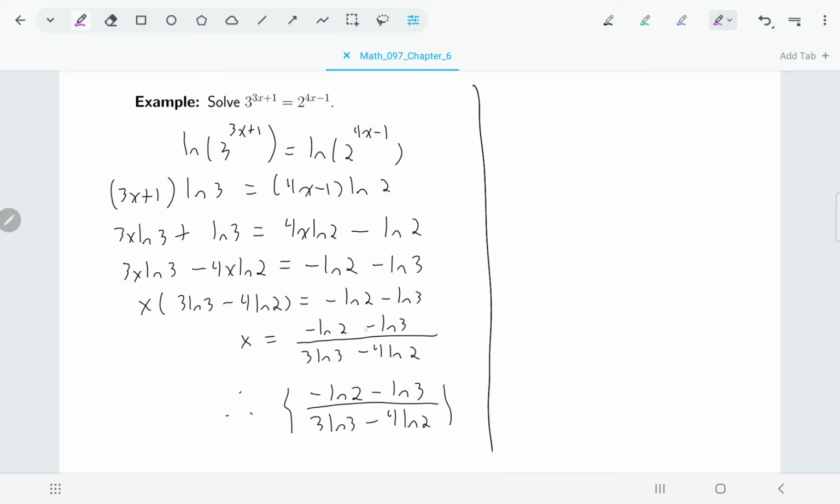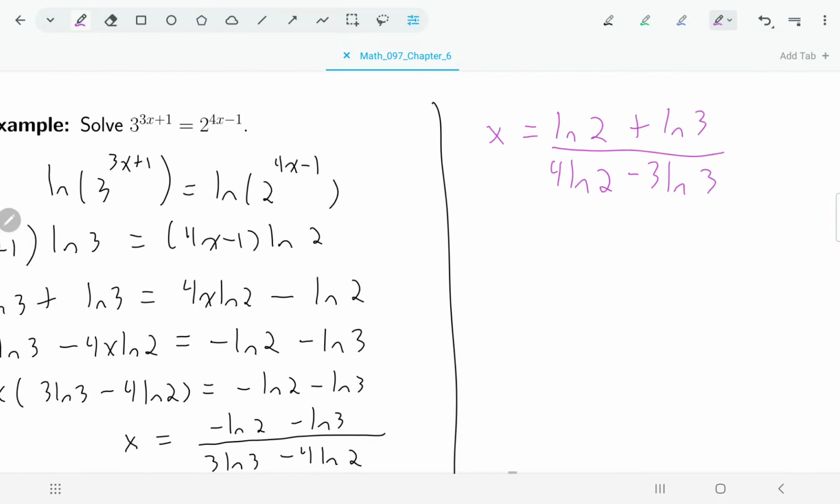First thing, if it was a textbook answer, textbooks generally don't like to have this many negatives lying around, so the first thing that they would probably do is multiply top and bottom by -1, so that you'd have a positive natural log of 2, a positive natural log of 3, the 4 natural log of 2 would be positive, and the 3 natural log of 3 would be negative.